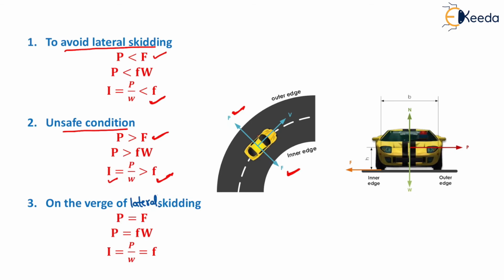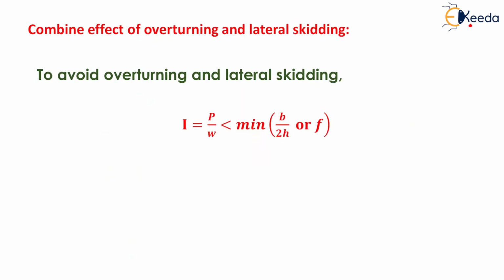Now the next case is on the verge of lateral skidding. On the verge of lateral skidding, P will be equal to capital F, that is the friction force. So after putting the value of capital F, we will get P by W, which will be equal to small f, that is the coefficient of lateral friction. Now the combined effect of overturning and lateral skidding.